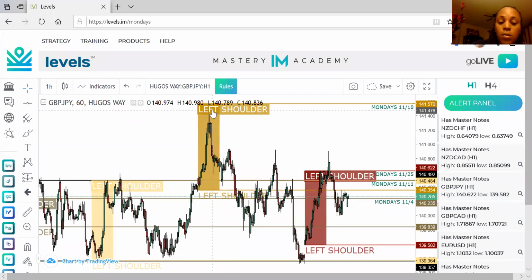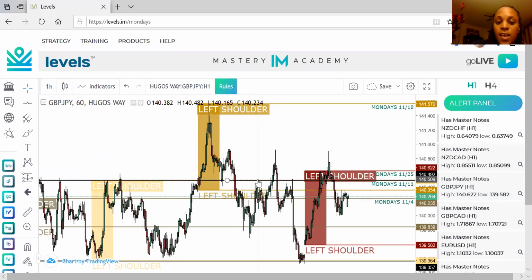The pair breaks out of Monday high, right? And once it comes back within Monday high, and you see, oh look, JPY actually sold and is back within this Monday's region, you're going to then do a sell limit, and your entry point is going to be that previous Monday's high.